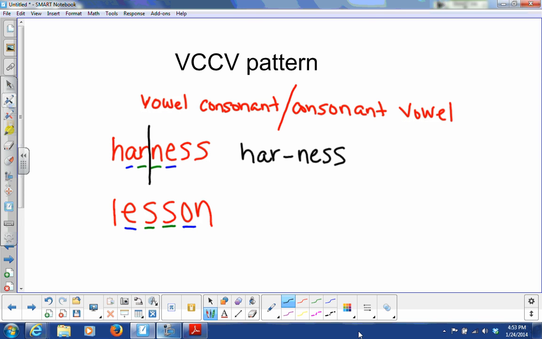And I'm going to separate right between my consonants. Okay? So if I'm looking at a test, it would be les-son. Okay. And so let's go to another page, and I'll give you some more to try on your own.